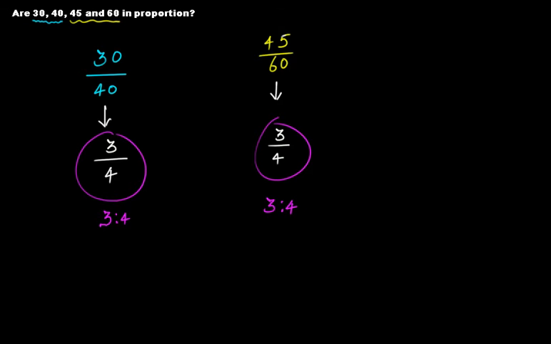It means that these two ratios are actually equal. It means that 30 is to 40 as 45 is to 60.